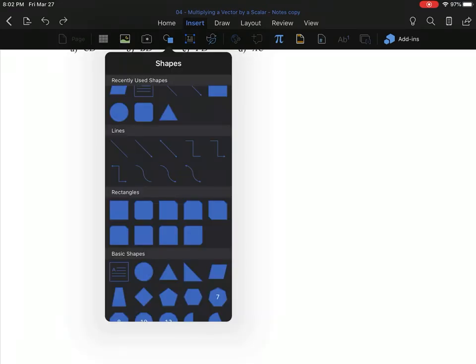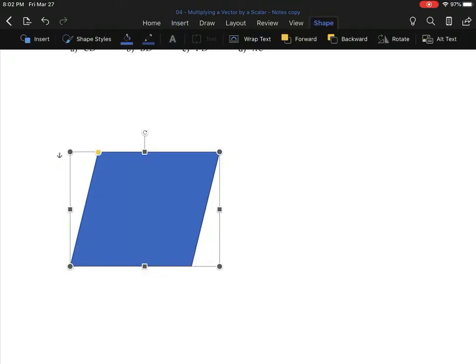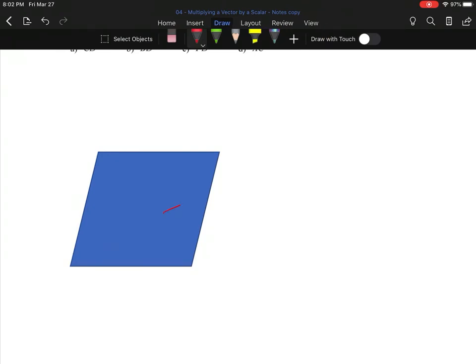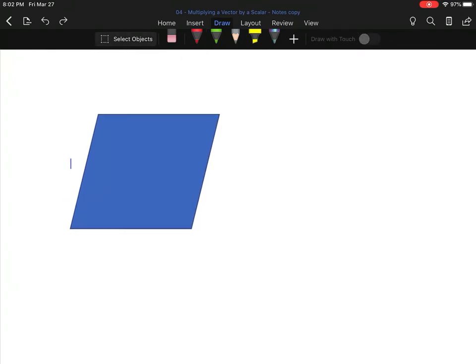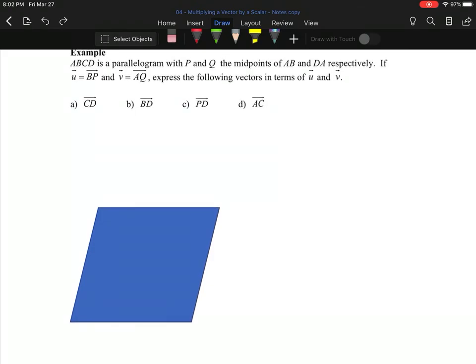Okay, and we want to just tap here. Get rid of the keyboard. And then when I insert my parallelogram, it'll be about where I want it to be this time. I wasn't expecting to have that available. So let's just grab that. Just move it up a little bit. And, oh, beautiful. That's going to be perfect.